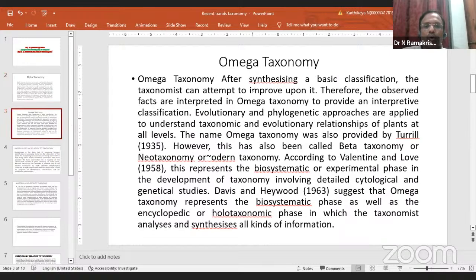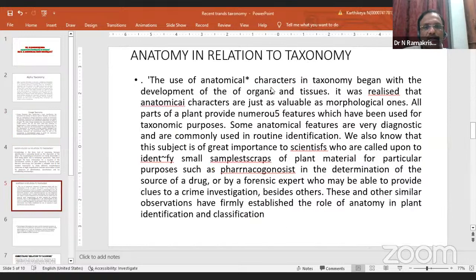The second one, omega taxonomy, means a little bit improved, so here we go for in-depth study, evolutionary, phylogenetic. So we call that omega taxonomy. The first, we completed only with external morphological structures. Okay, so now the recent trends.